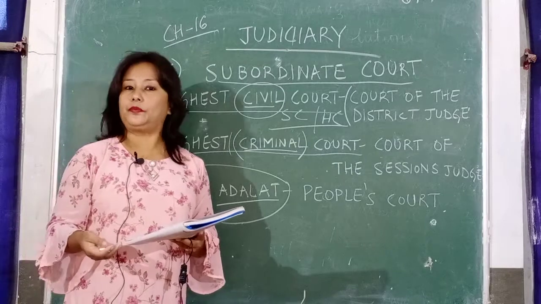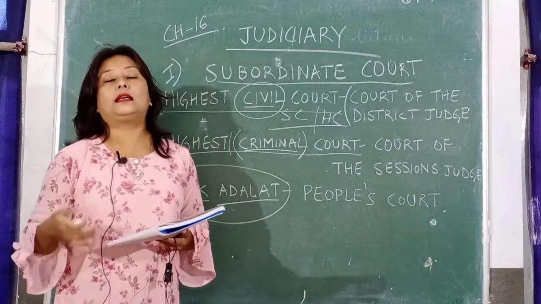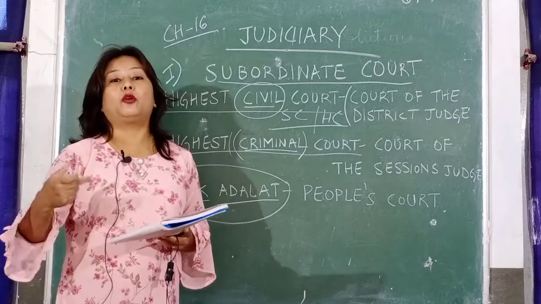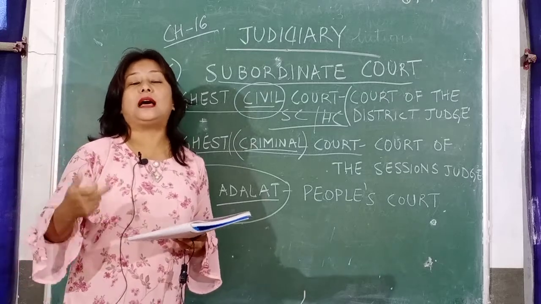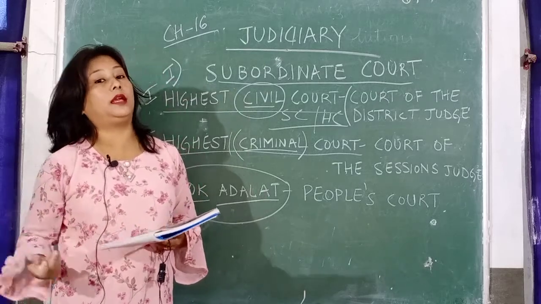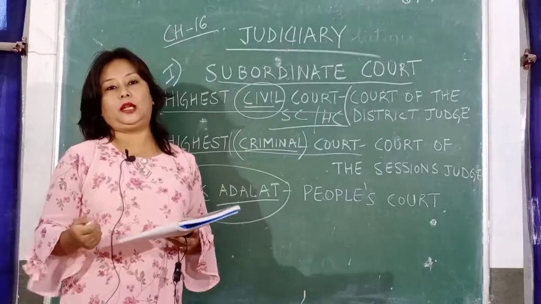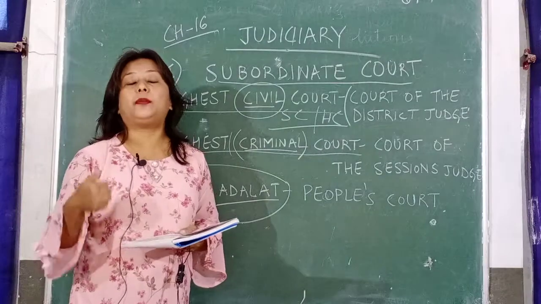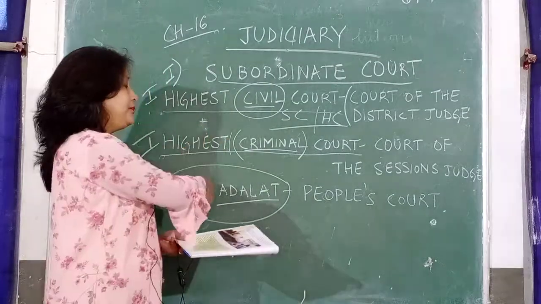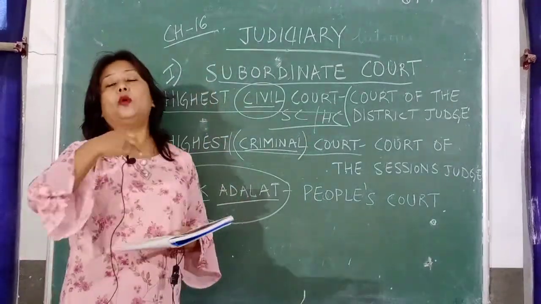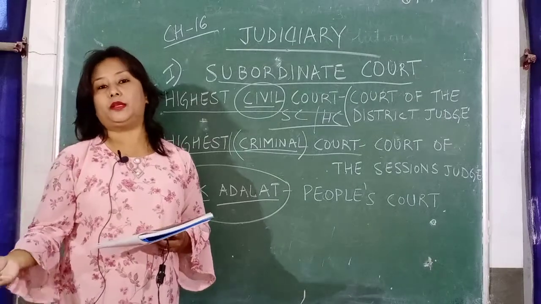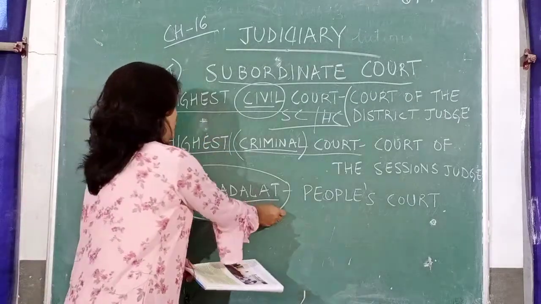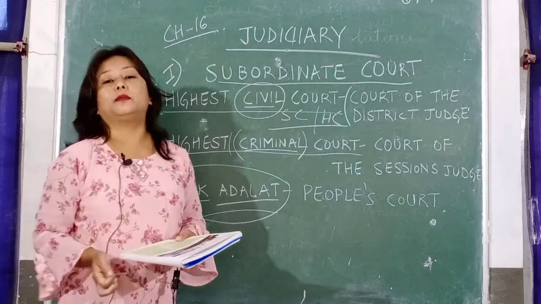For example, whenever you file a case in the court, you need to have a lot of money, because you need to pay the lawyers. But Lok Adalat provides cheap justice, because here we have lawyers who are appointed by the government, so they are paid by the government. Therefore, the Lok Adalat lawyers need not be paid.